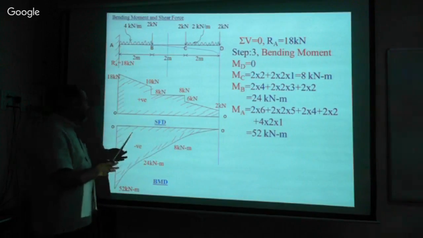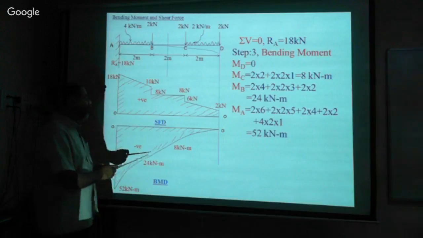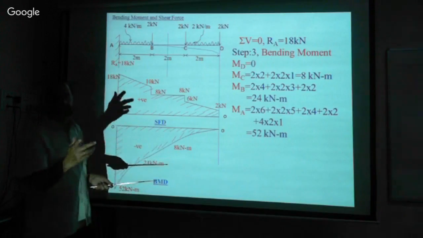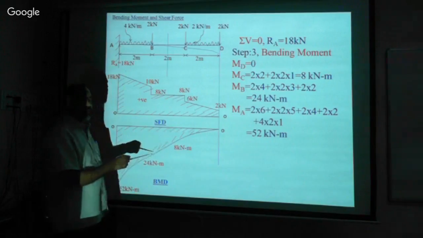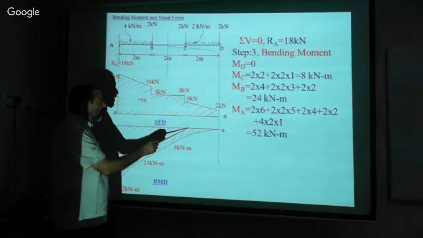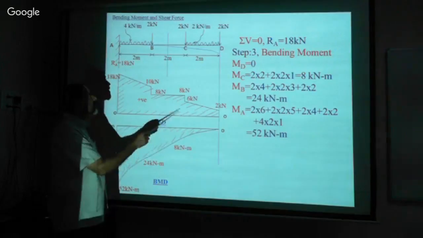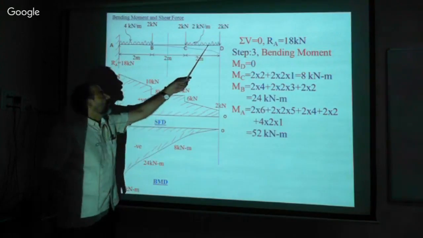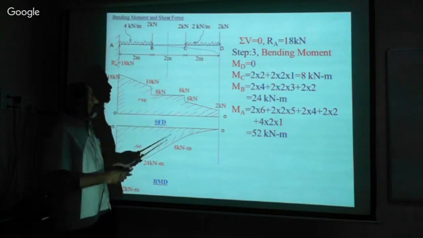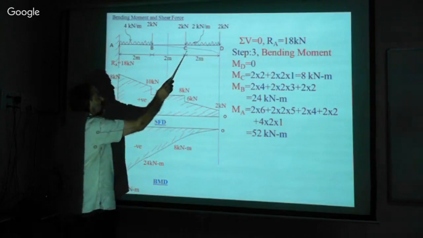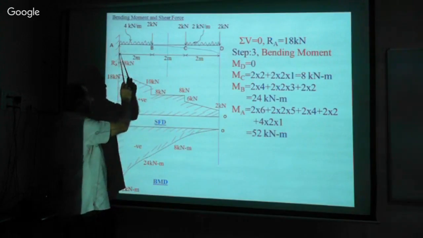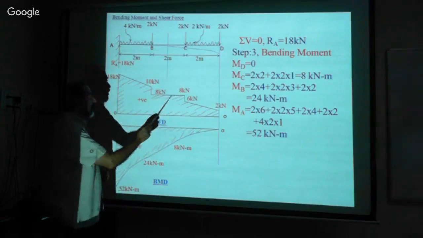Now what is the necessity of plotting this bending moment diagram? Instead of calculating the bending moment at every point, normally we calculate the bending moment and shear forces at the critical points. Then we plot them.